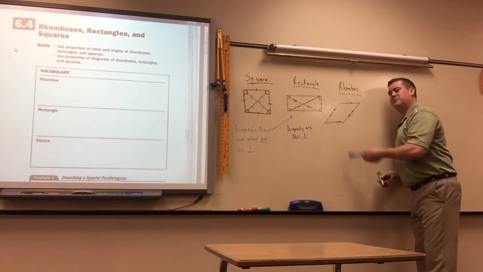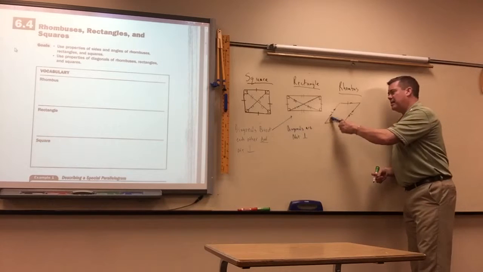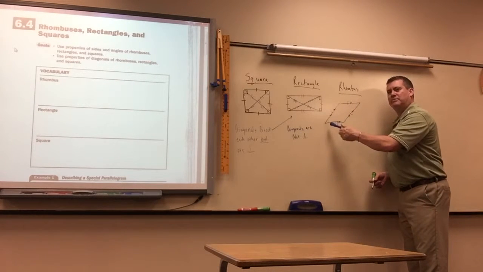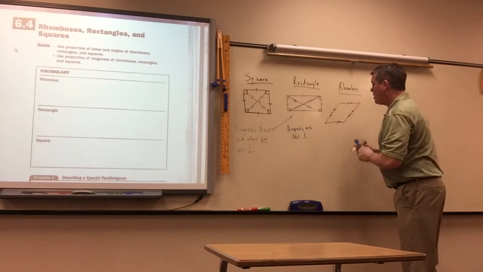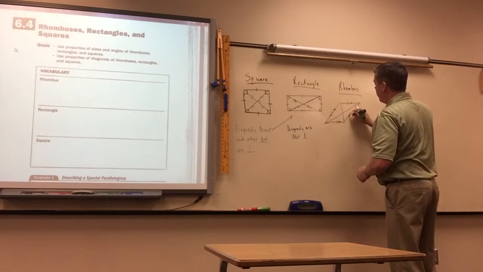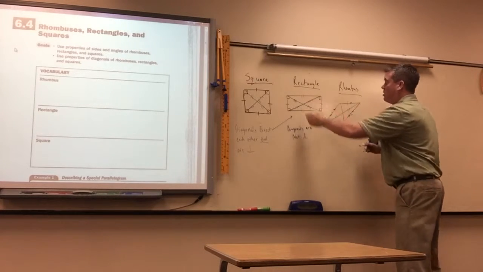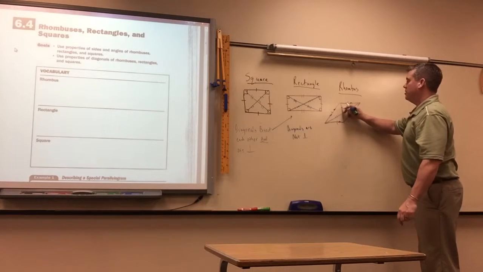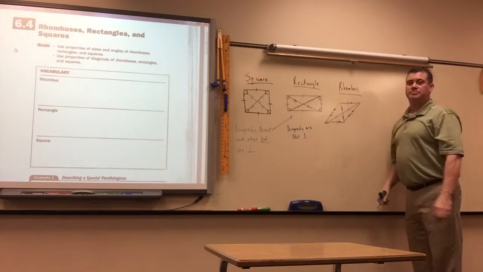Okay, but they're not necessarily 90. Opposite angles are congruent. Consecutive angles add up to 180, are supplementary. The diagonals, again, do bisect each other. But they're not all going to be the same length like in these two. Obviously, this is shorter than that, right?